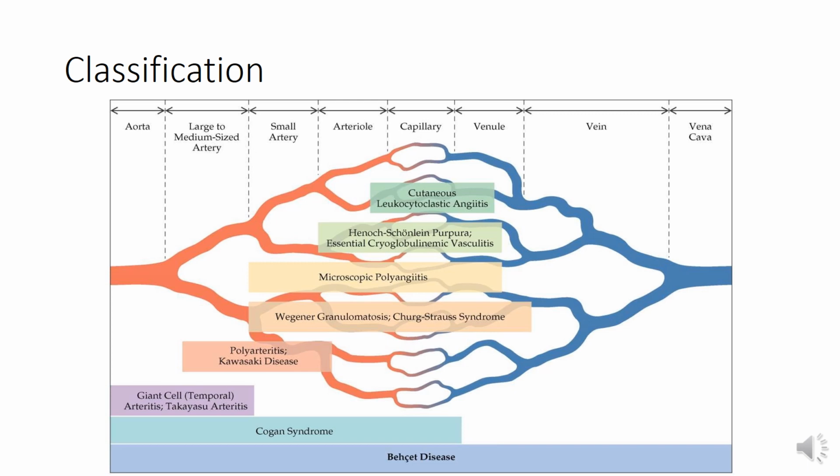Thus, large vessel vasculitis, as its name suggests, mostly affects large arteries. The same principle is true for the medium and small vessel vasculitis, in which medium vessel vasculitis predominantly affects medium arteries and small vessel vasculitis predominantly affects small arteries and capillaries.